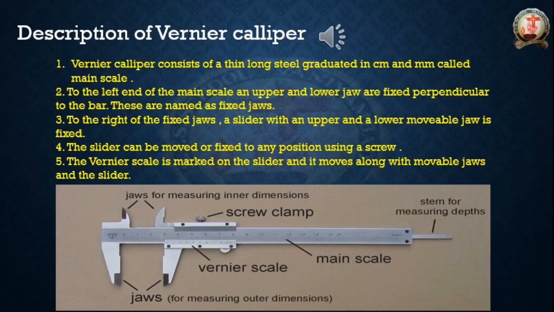He mentioned screw clamp, so that is nothing but a slider. Slider means it will be movable. Then the fourth point: the slider can be moved or fixed to any position using a screw. So by the use of that screw, we can move that slider and fix it.